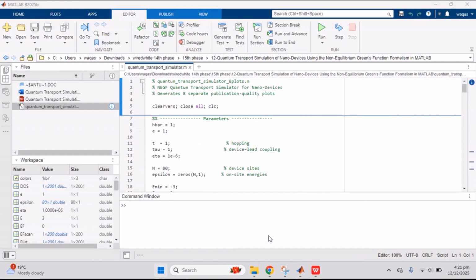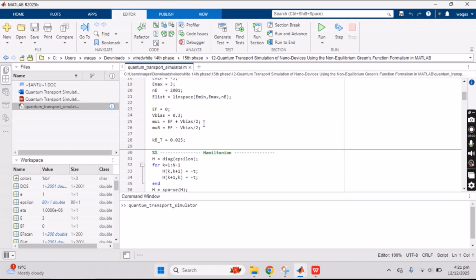Let me show you the output results. These are the outputs. You open the quantum transport simulation, and when you run it, you will get the output results accordingly. These are the parameters.